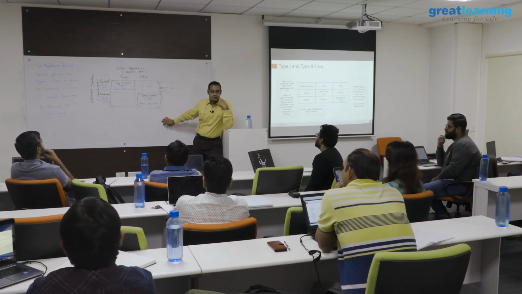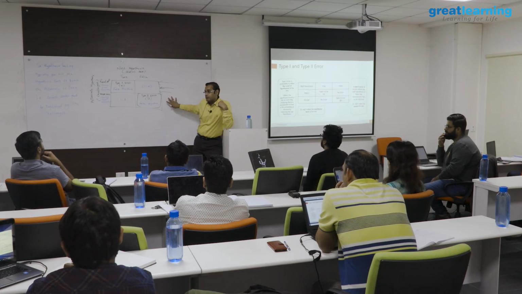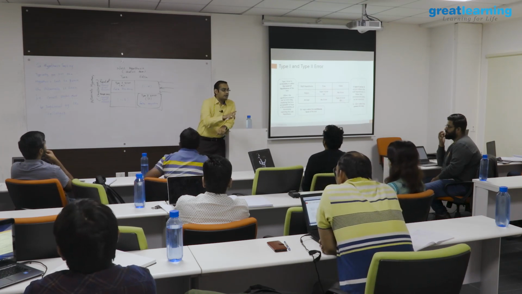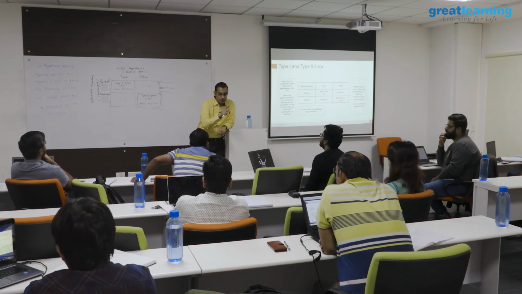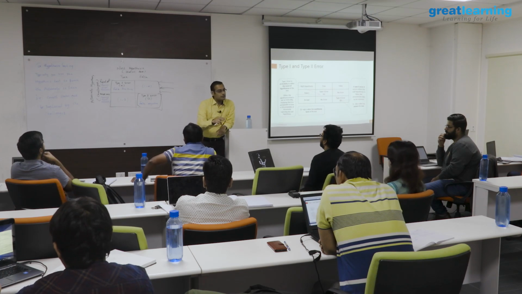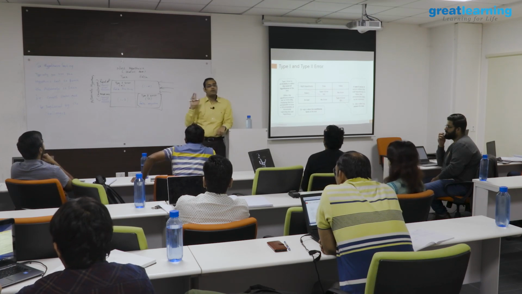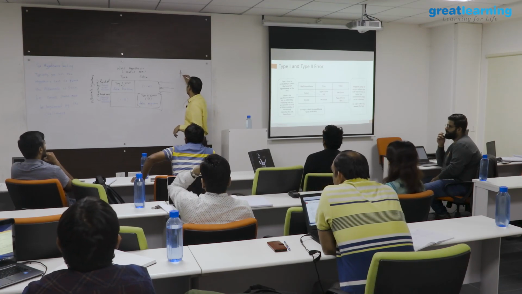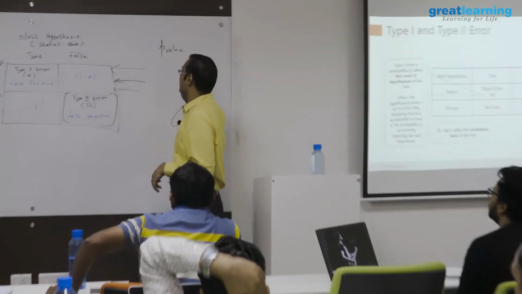Does it make sense? Because if you don't understand this part of hypothesis testing, going forward when we see the t-test, the chi-square test, all of these tests are going to give you one output, which is the p-value. P-value is a probability value.